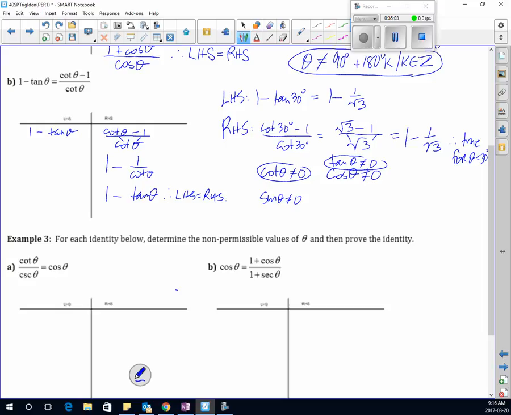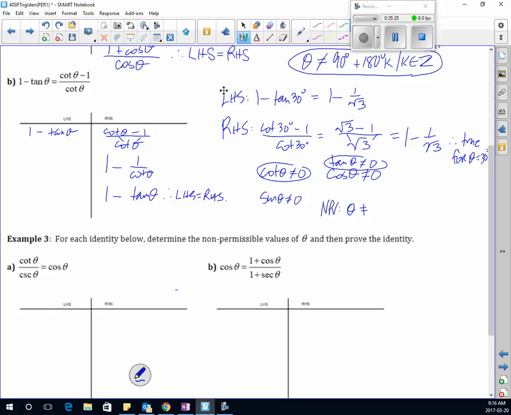We have to say where the non-permissible values are. So theta cannot equal what? Wherever sine and cosine are 0. So where's that? Every 90 degrees.